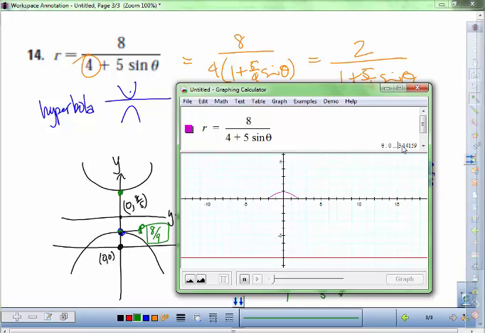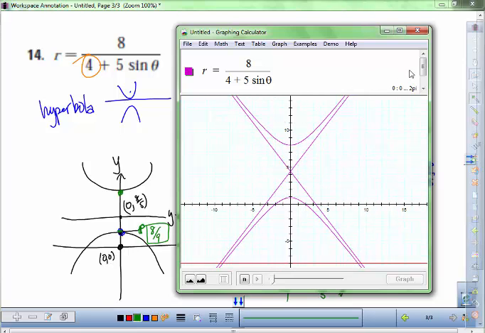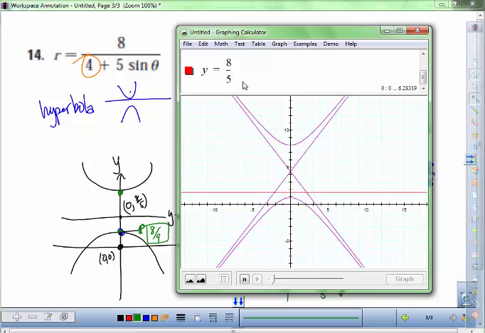Let's go all the way from 0 to 2 pi. Y equals, what is it? 8/5? Yeah, so it's not symmetric.